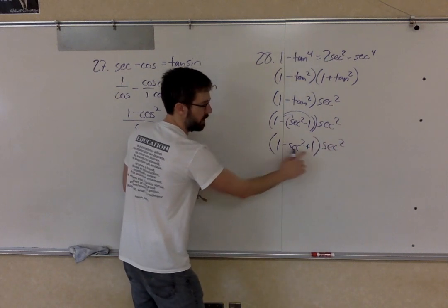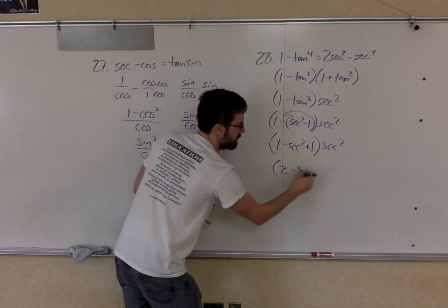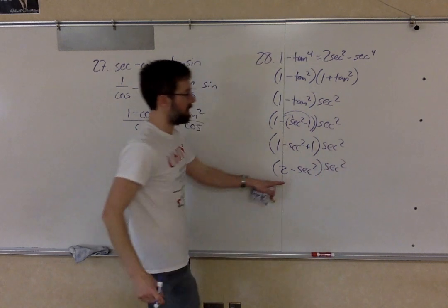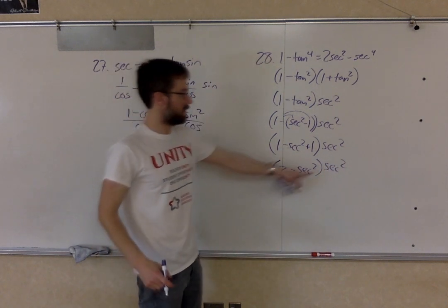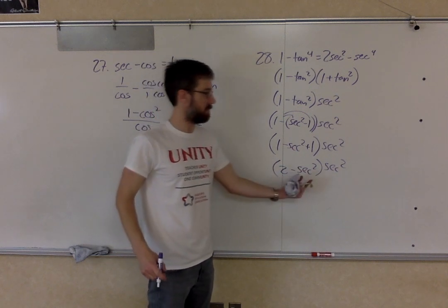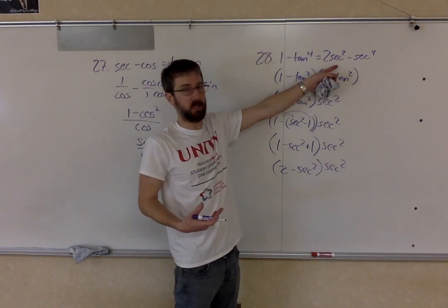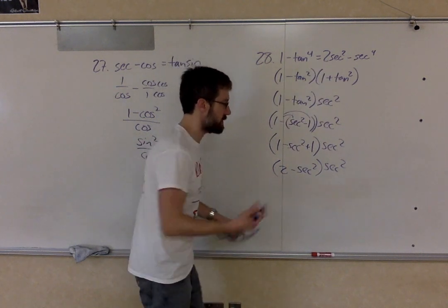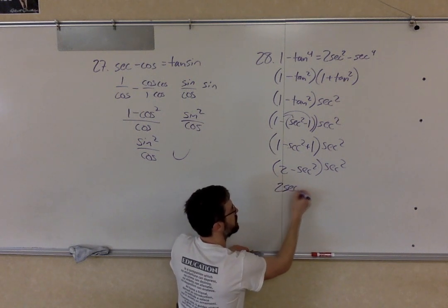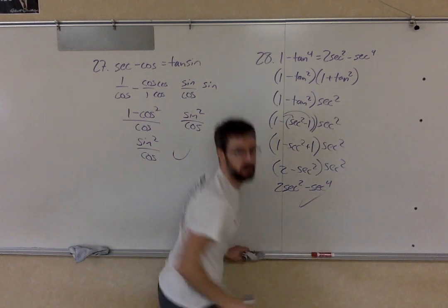And now 1 plus 1 is 2, so 2 minus secant squared times secant squared. Well, now I could either distribute the secant squared in, and now it's 2 secant squared minus secant to the fourth, or I could factor out a secant squared from both terms. It doesn't really matter. So if I distribute in, 2 secant squared minus secant to the fourth, and now they match. So we're all good.